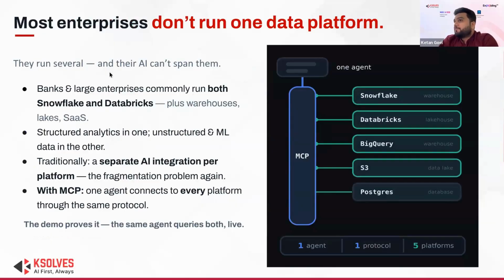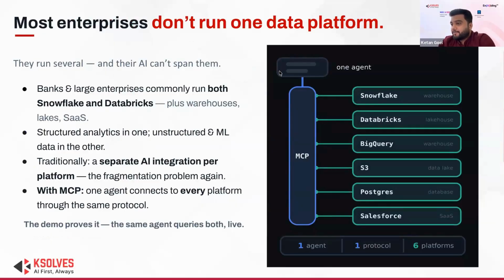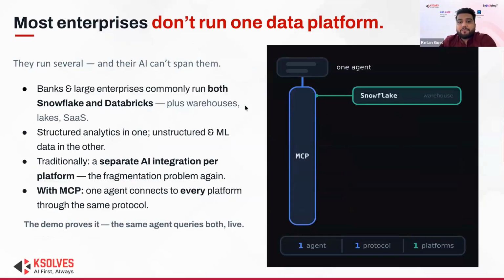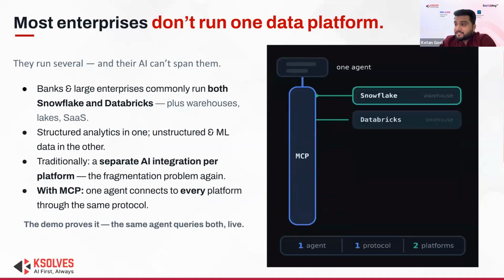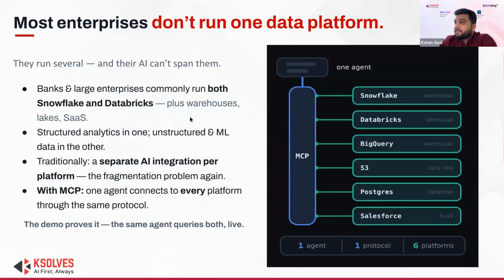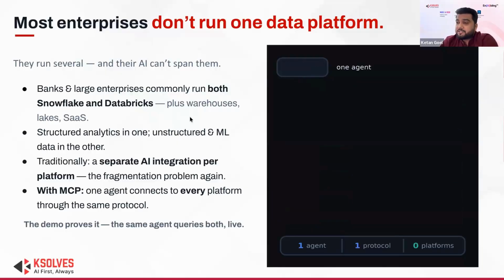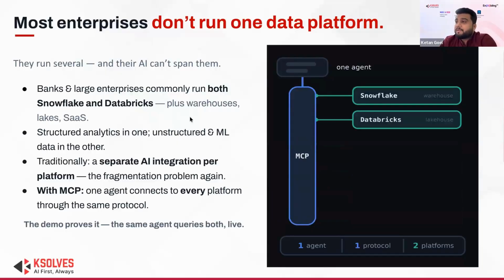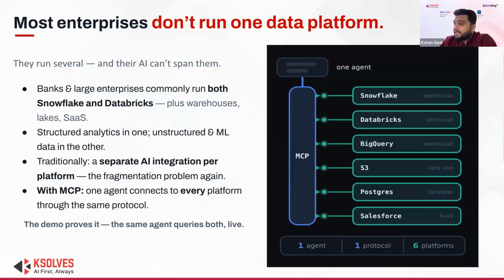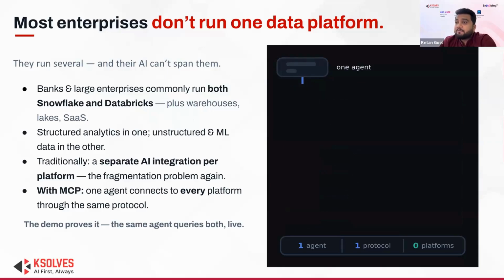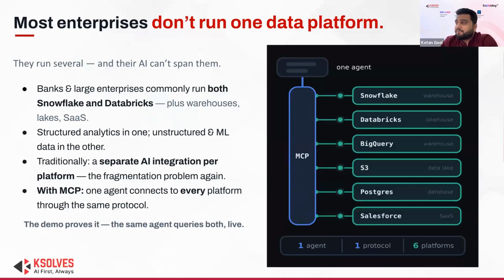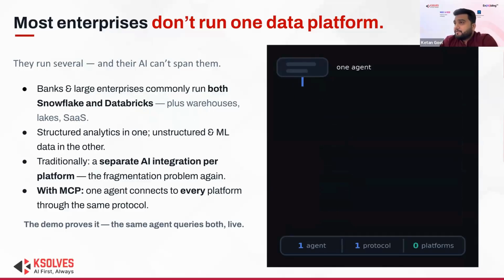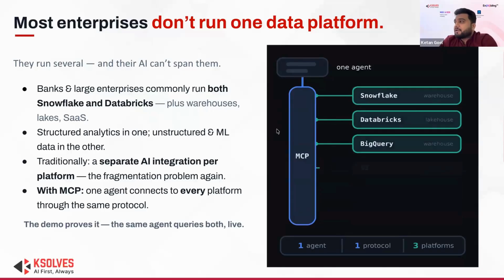Most enterprises don't run one data platform, obviously. If we talk about enterprises like banks or BFSI systems, they have multiple integrations with different platforms: maybe Snowflake, Databricks, their own warehouses, SaaS systems, S3, Postgres, maybe more than that. After MCP, you don't have to worry about that.